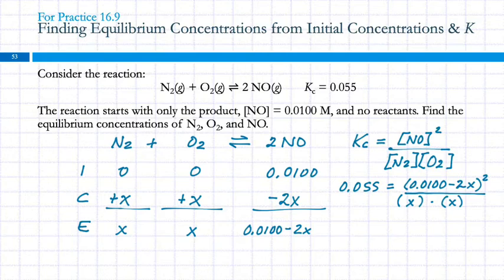I don't know about you, but I don't feel like solving that by hand, right? So I'm going to plug this into my calculator. I bet I can do it faster.